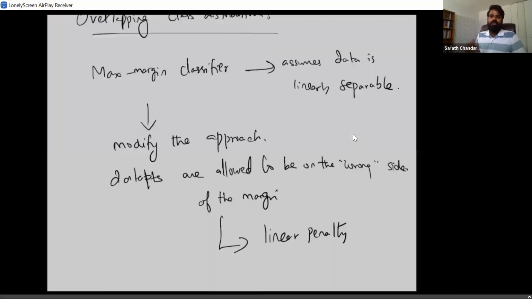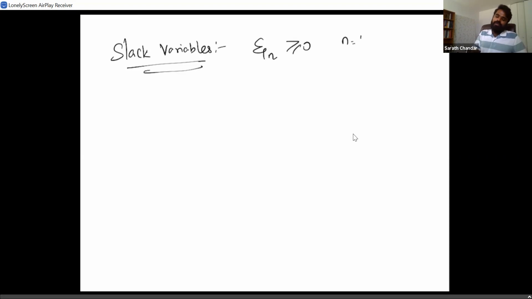The way in which we are going to do that is what is known as the idea of slack variables. Okay, so I'm going to define a specific slack variable epsilon n, which is greater than or equal to 0 for all the data points. This slack variable tells how much you can deviate from the constraints.